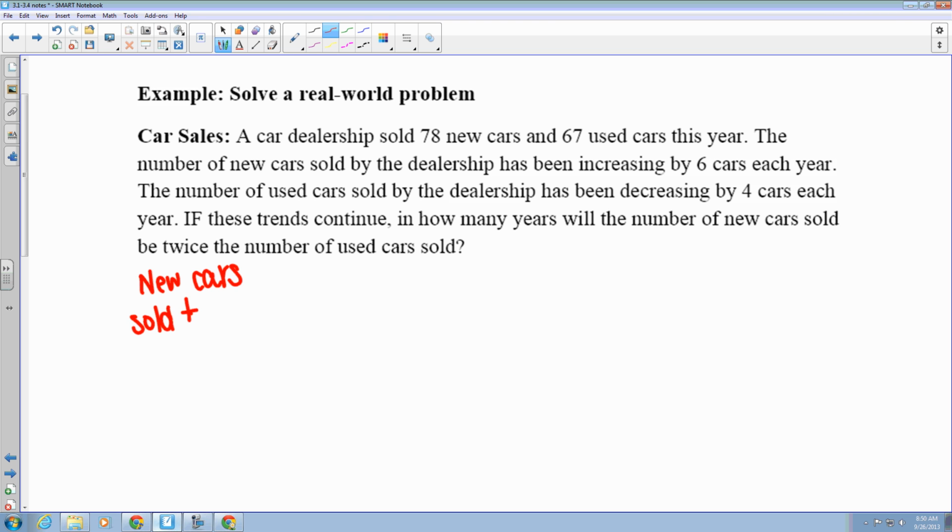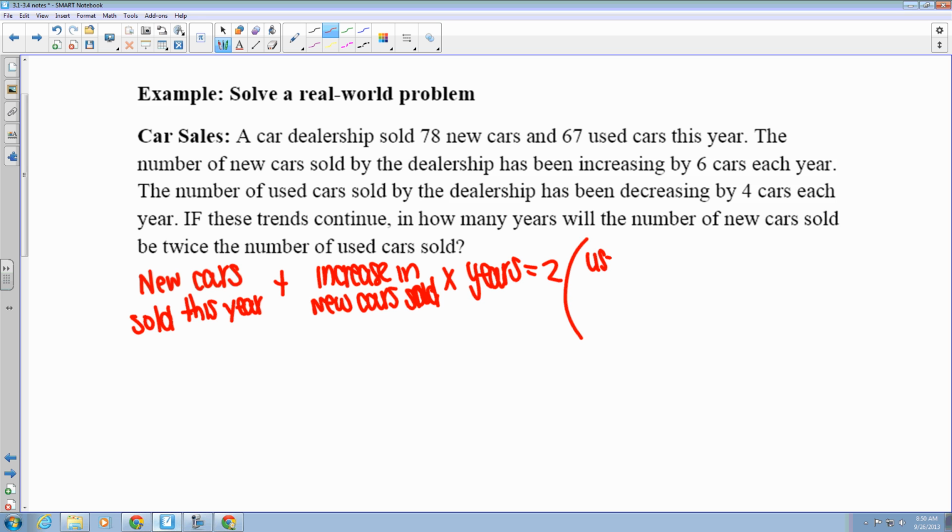New cars sold this year plus the increase in new cars sold times the number of years. It wants to be twice the number of used cars sold.